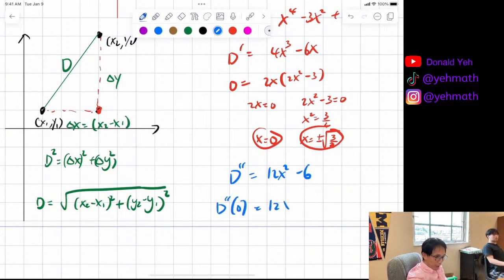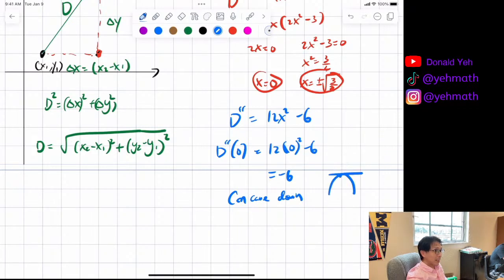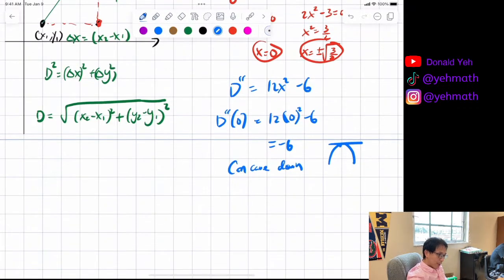So it'll be 12 times 0 squared minus 6, which is equal to negative 6. That is concave down. Is that a maximum or minimum? It's a maximum. We're not trying to maximize the distance, we're trying to minimize the distance. Okay, so let's do d double prime of square root 3 over 2.